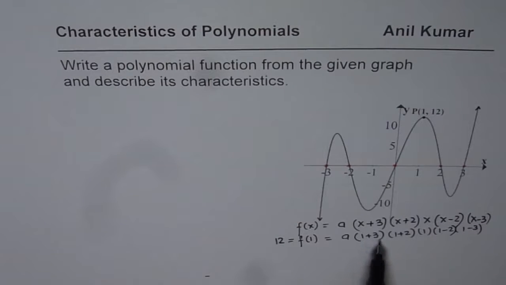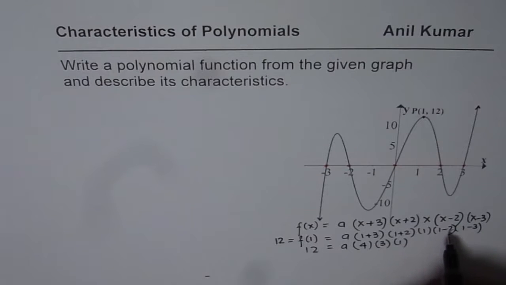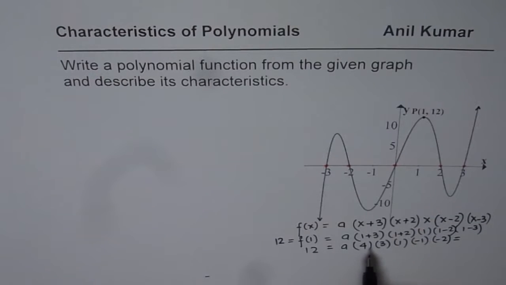Now 1 plus 3 is 4. Let's rewrite this. So we have 12 equals a times 4, 1 plus 2 is 3, times 1, times 1 minus 2 is minus 1, and 1 minus 3 is minus 2. So that is equal to, minus and minus makes it plus, right?